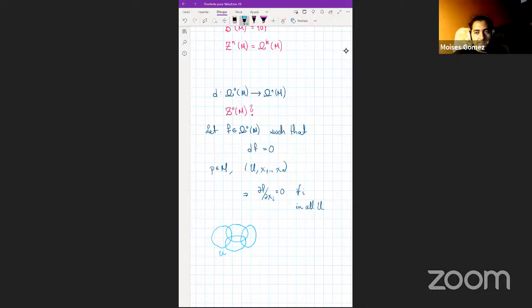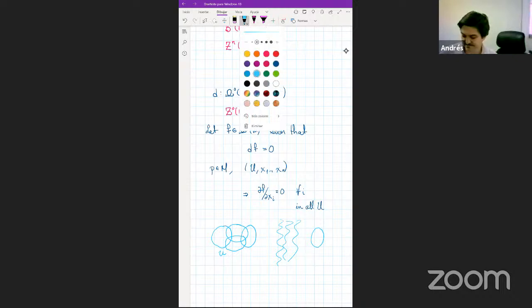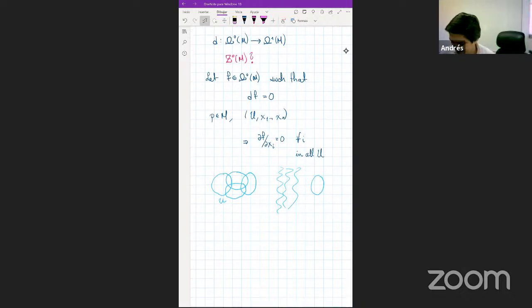It's constant on M. Come again? It's constant on M. If I have something here, and there is nothing here, F is not constant.